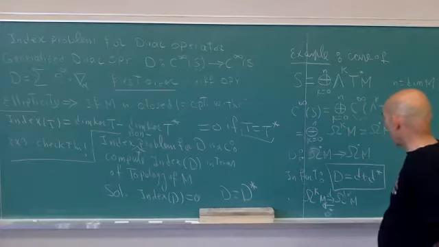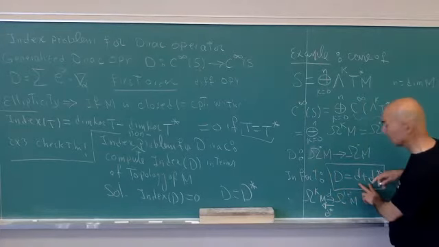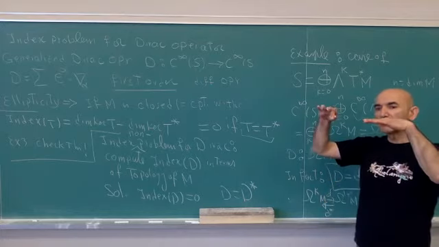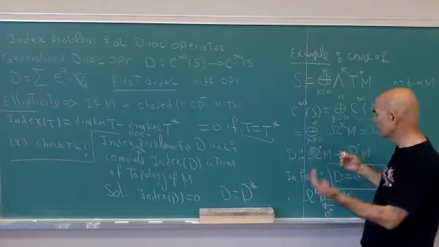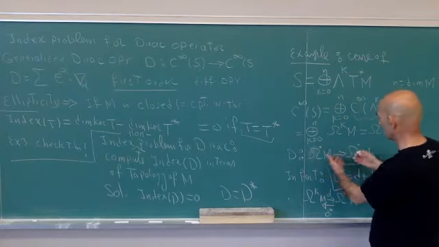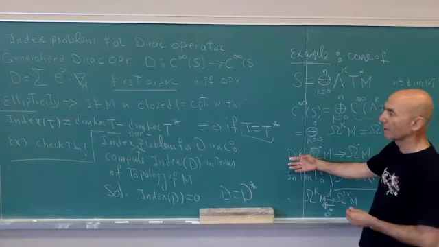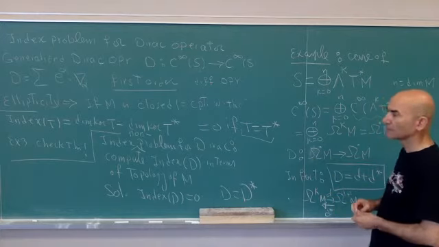And of course, it's okay here to have these operators that change degree. One of them raises the degree, the other lowers the degree, but the two work together. So this is a generalized Dirac operator. So d plus d star is a generalized Dirac operator.